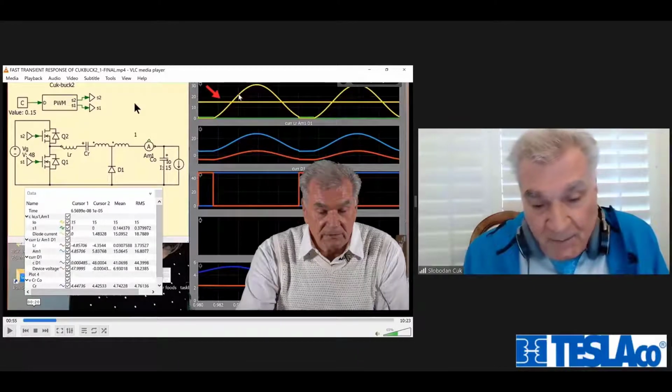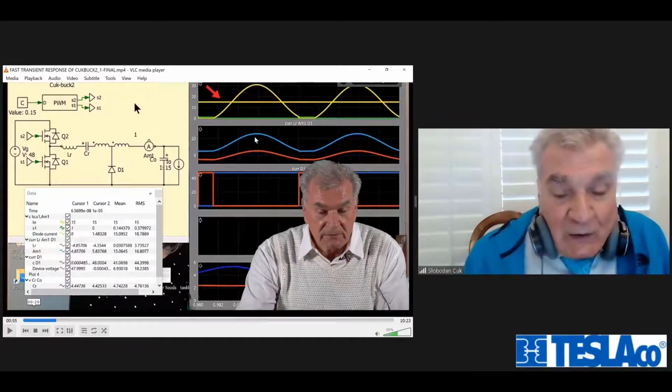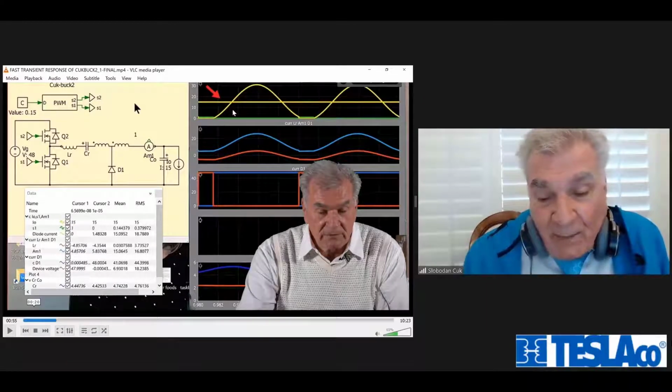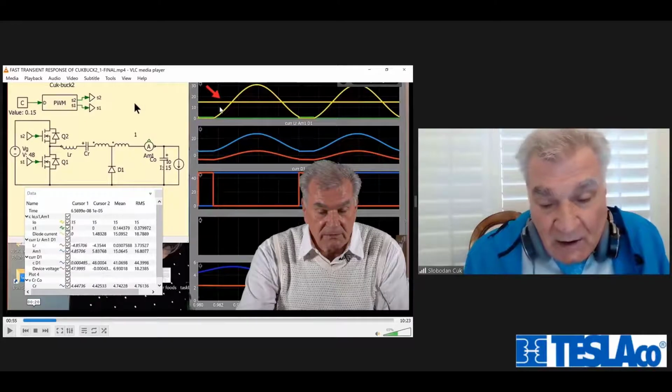Then the point is that this diode current is now sinusoidal, which has an average of 15 amps. But in the actual time domain, this diode current is 30 amps peak to peak, and 15 amps is the current in the load, okay? And how is this diode current split?